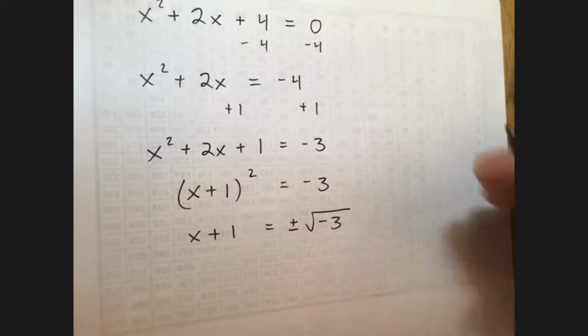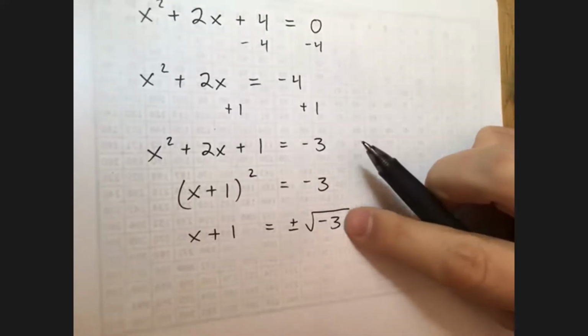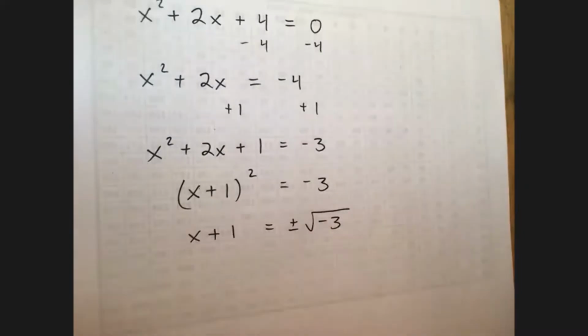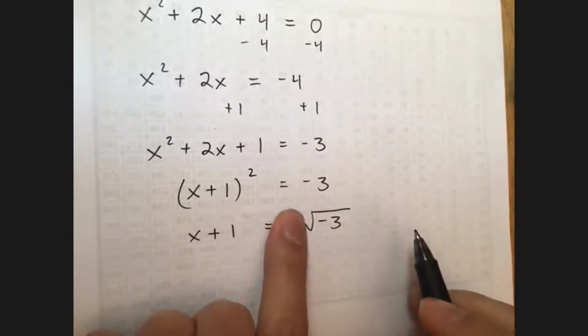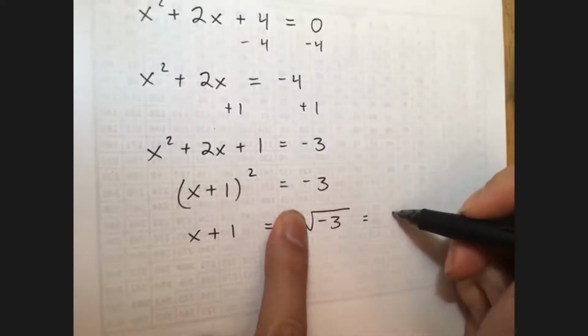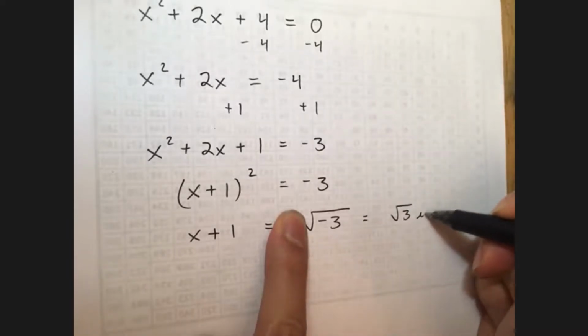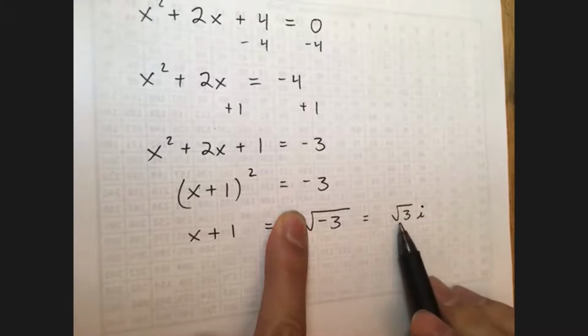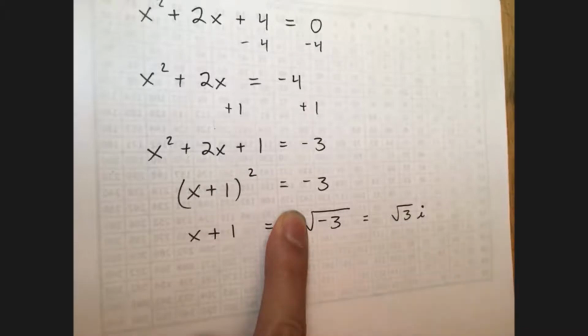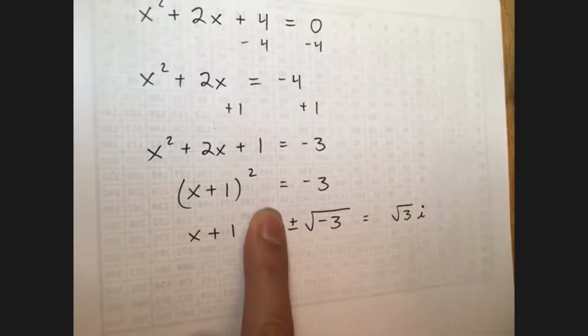And because we've talked about complex numbers, we know how to write this down, right? Plus or minus, root negative 3 is the same thing as root 3 times i. Right? When you take the square root of a negative number, it's the same thing as positive thing times i. And it's plus or minus, right?